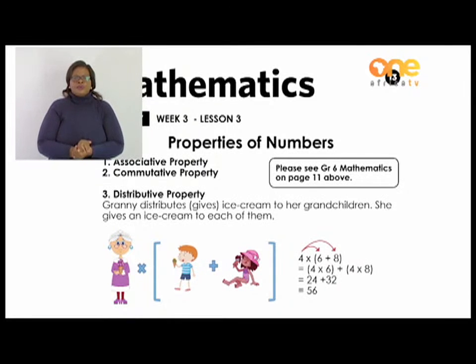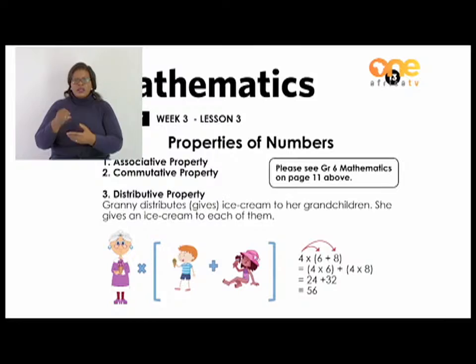So in mathematical way, that can also be explained using that example which is there. 4 times 6 plus 8, and in that manner 6 plus 8 can also be inside the brackets. So to distribute 4 to those numbers inside the brackets, you can expand and say 4 times 6 and 4 times 8 until you get to the answer.